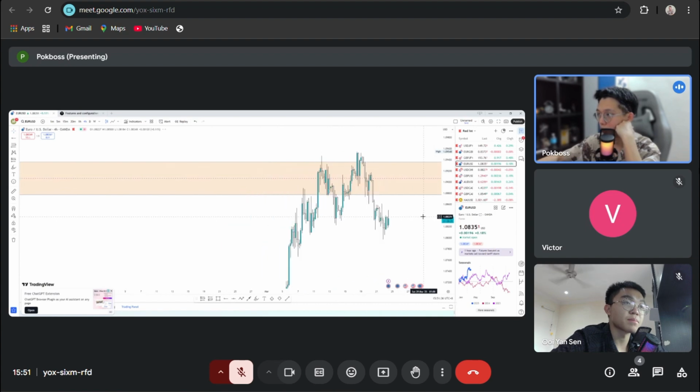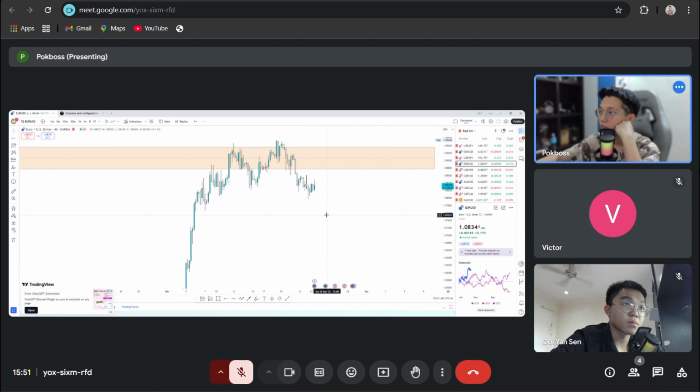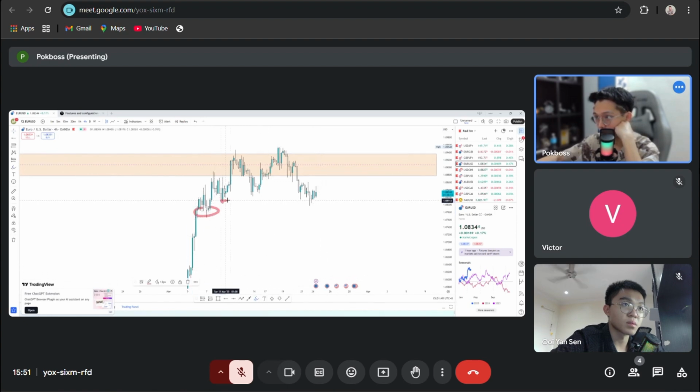Let's see the 4 hour time frame. Maybe we'll focus on sell, but we didn't see any trading opportunity yet. So just wait. You can clearly see that here is a zone. For now, the market is still choppy. Just wait and see.